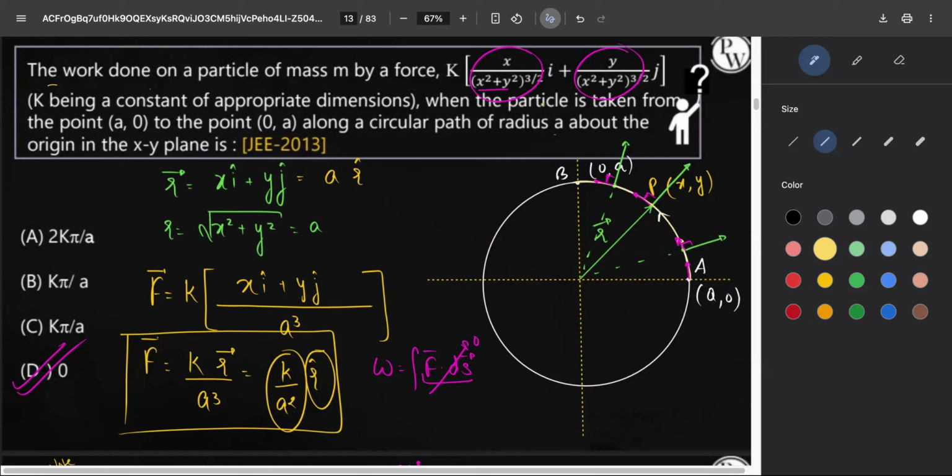Okay, when the particle is taken from this particular point to this point along a circular path. So they have given us a circular path, so we just took the two components out of it. This is X and Y, right? So basically you have got these two particular points also. So we may calculate the rest of the thing, f dot dx. What are they asking us to calculate?